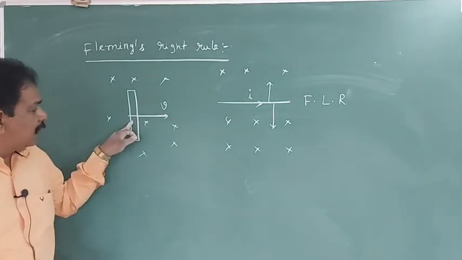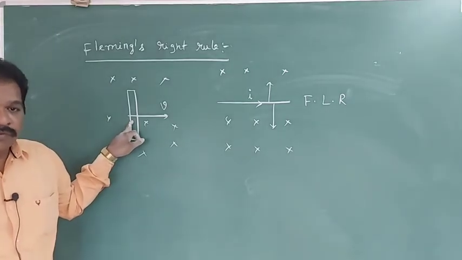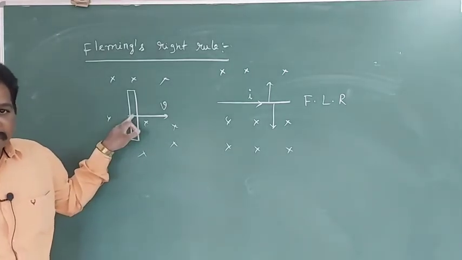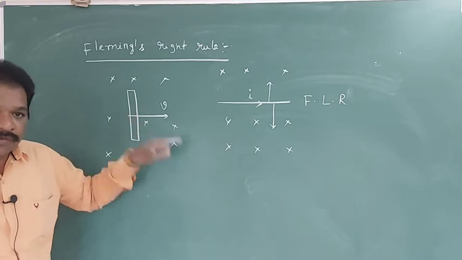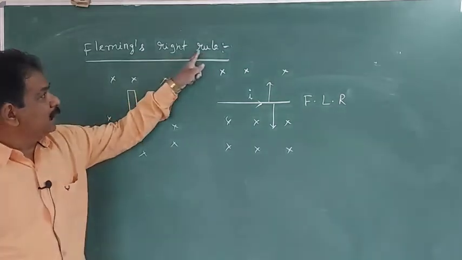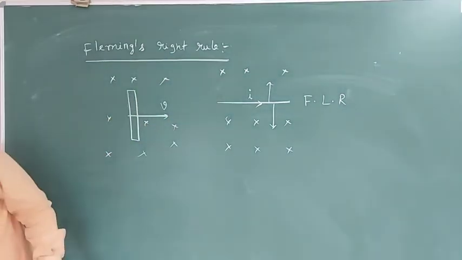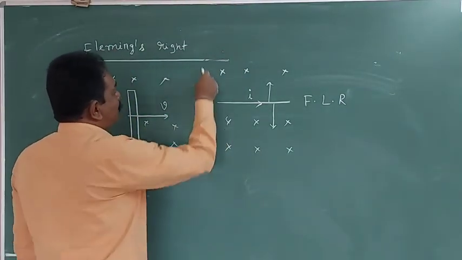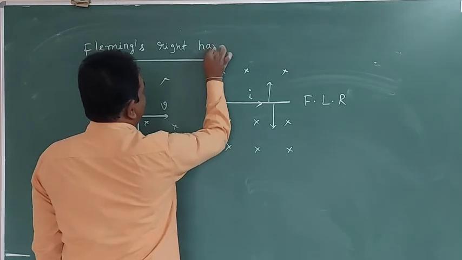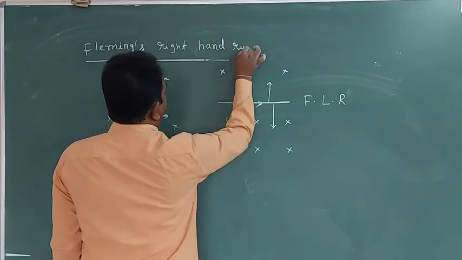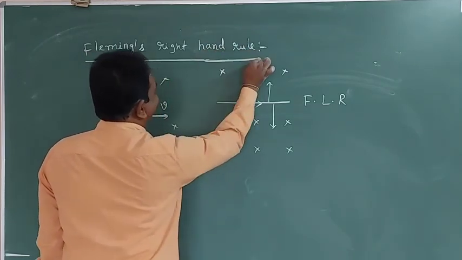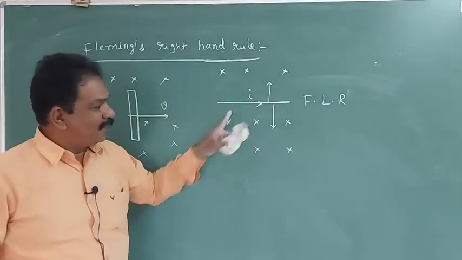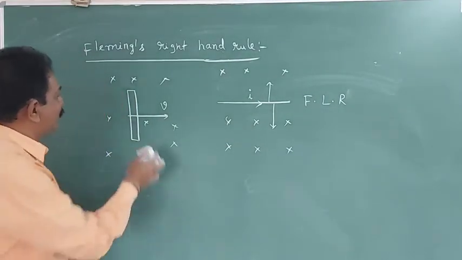Then in this, current will be produced. To find the direction of that current, we will use Fleming's right hand rule. This is not the left hand rule; it is Fleming's right hand rule. Okay?